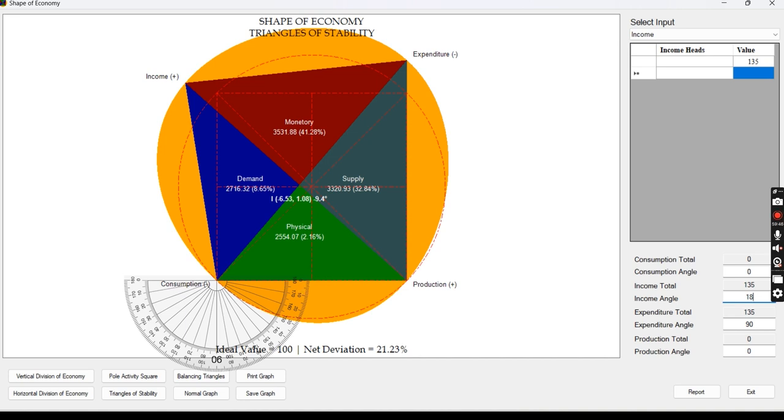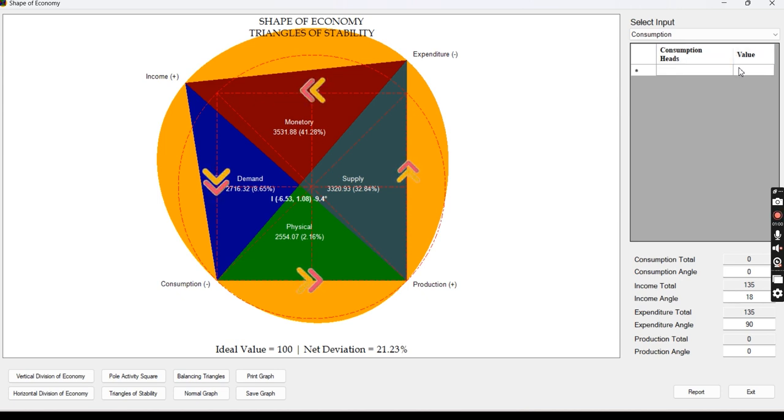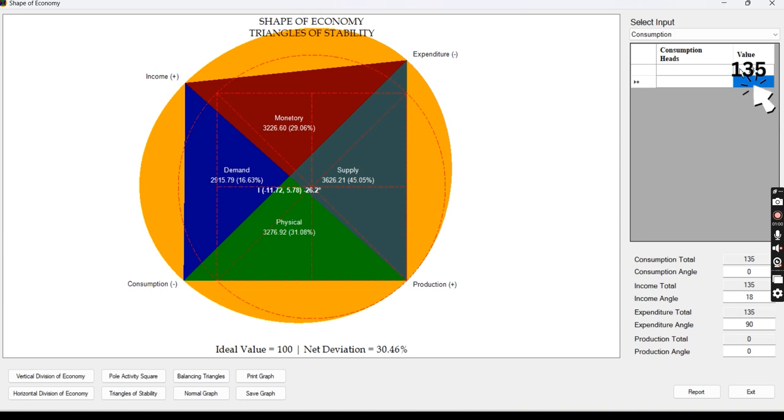Here once again you will have to make a value input. So you have to select input first and then choose consumption and then put a value there once again of 135. Now this will be the change shape, that if the income is used for consumption, the consumption is always dependent on the availability of income in that country with the citizens, with the people residing in that country.